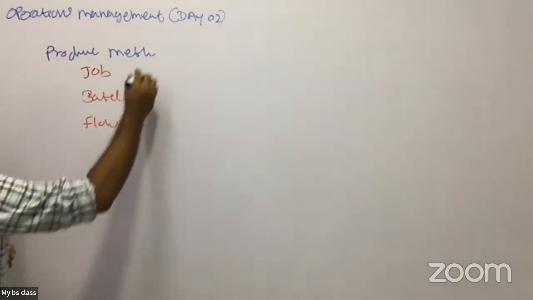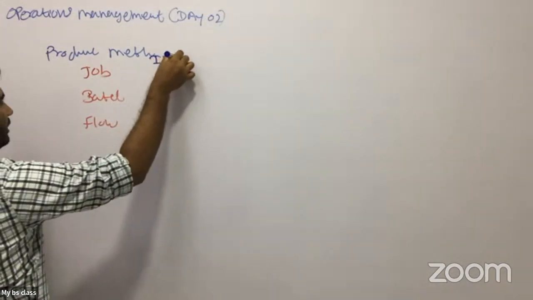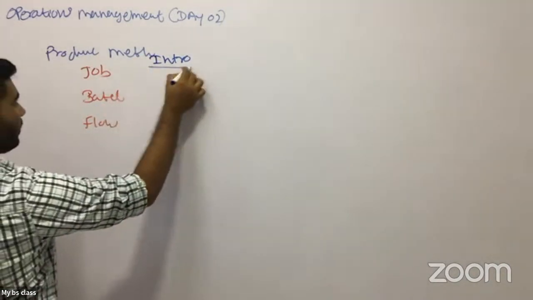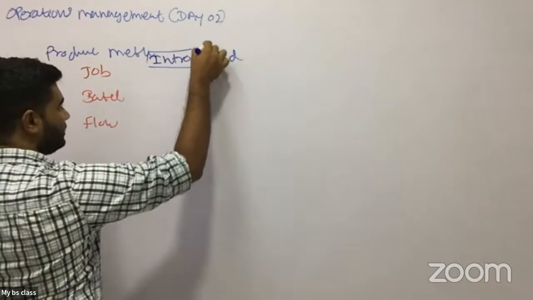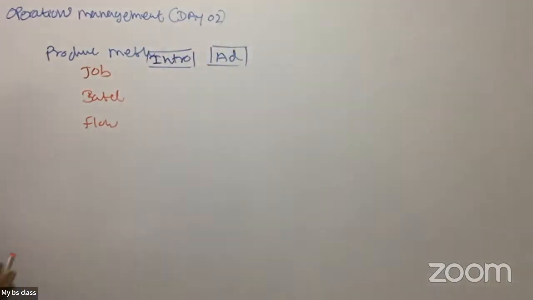So for the initial intro, you need to have a definition on how you introduce this. And then what are the advantages, or the favorable characteristics, I would say, in job production.